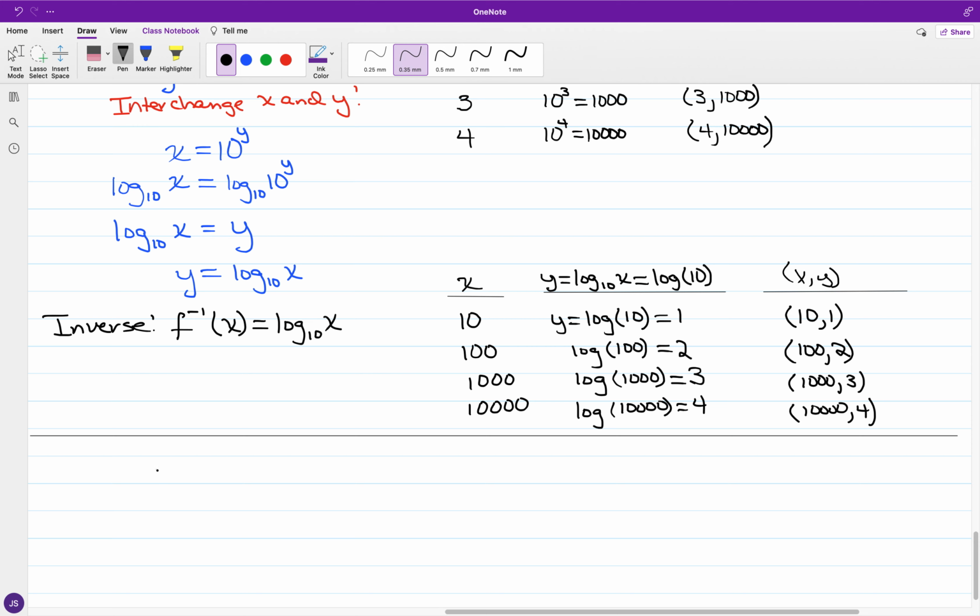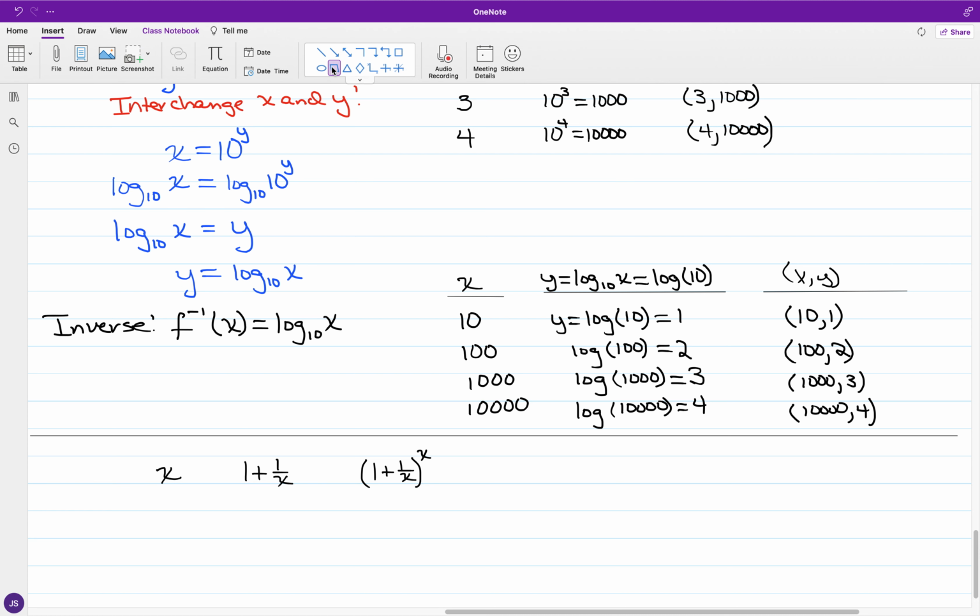And for the build-up here, we have items like x, 1 plus 1 over x, as well as 1 plus 1 over x raised to the x.